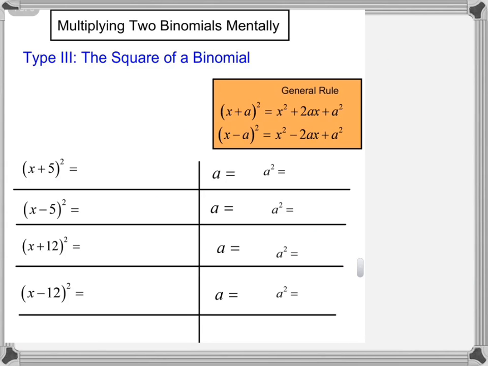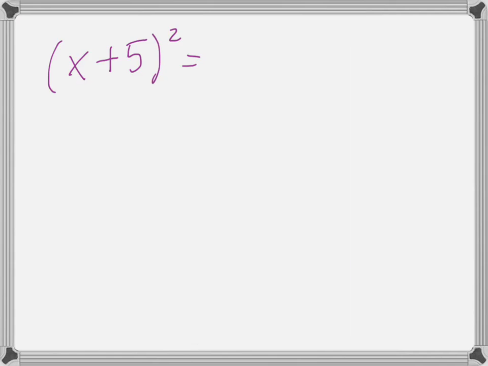The third type of binomial that we're going to be able to multiply mentally is going to be the square of a binomial. So when I have a square of a binomial, x plus 5 squared, for instance, that would just be x plus 5 times x plus 5, right? Because the base of the square is that binomial.